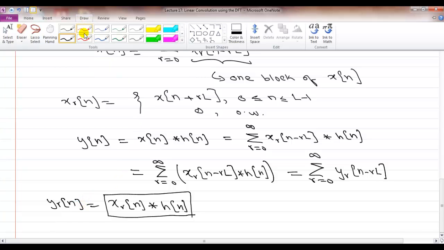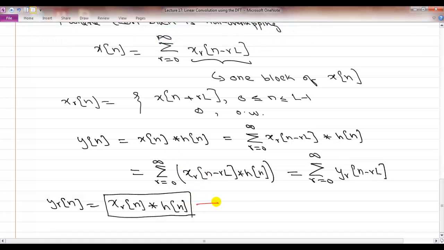That is given by simply the convolution formula. This is of length P and this is of length L. So the output of this thing is of length L plus P minus 1. But you are shifting these pieces by only L, which is of course less than L plus P minus 1.